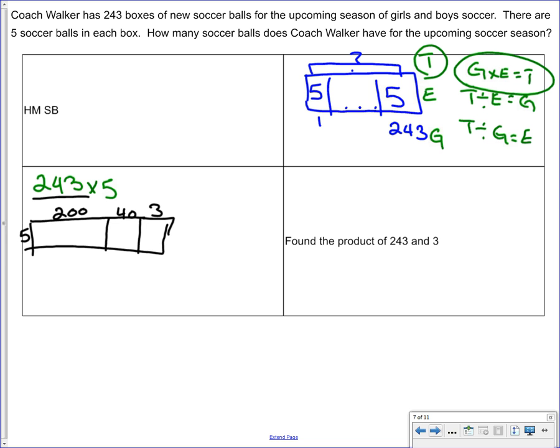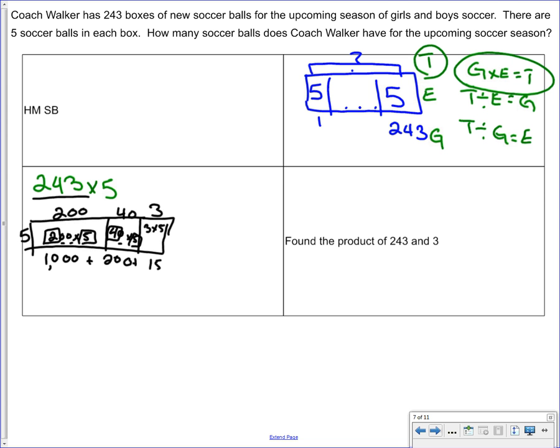So right here is 200 times 5. I've got 2, I've got a 5, that gives me 10 with 2 zeros. Okay. 40 times 5. 4 and a 5, that gives me a 20 with a 0. And 3 times 5, which is 15.